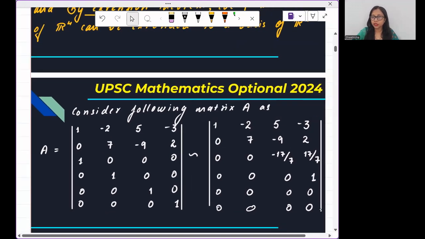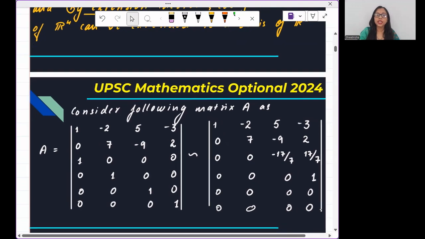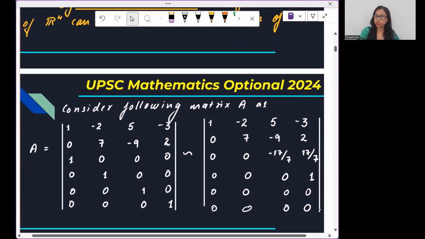So what is the alternate? How can I extend it? You see, what is your target? Even if you try this method, what is your target? At the end, you want echelon form, right? So except these two, I want two non-zero rows such that it will make it linearly independent, right?